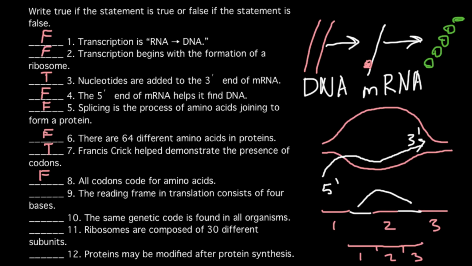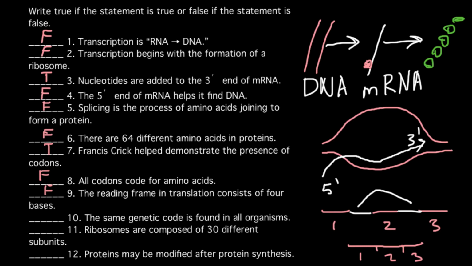And statement number 9, the reading frame in translation consists of 4 bases, and this is a false statement because the reading frame consists of 3 bases, and these are the same bases that make a codon.